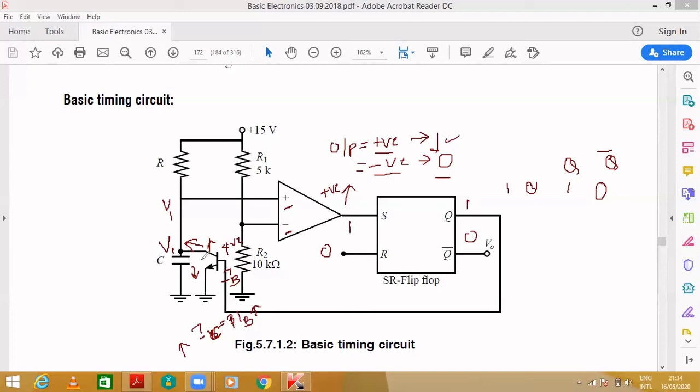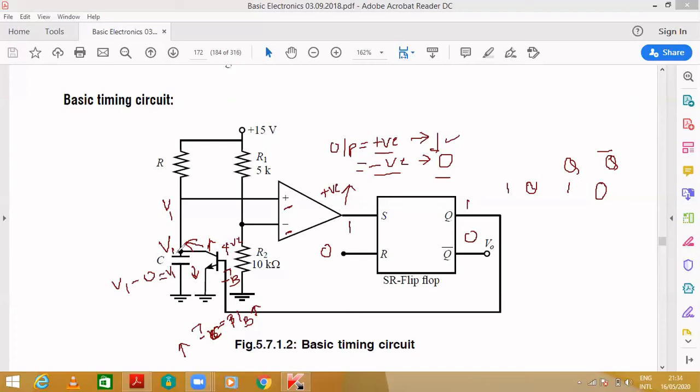We already assumed that V1 and the voltage across the capacitor is also V1. You can observe V1 minus 0, since it is grounded, so the voltage across the capacitor is also 0.